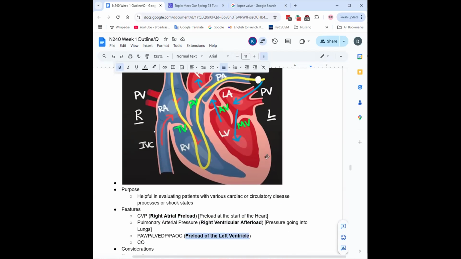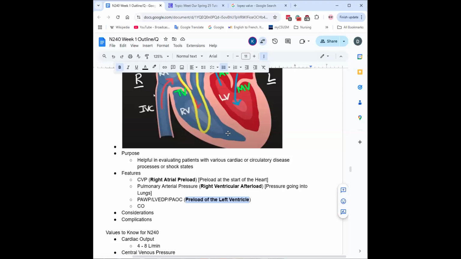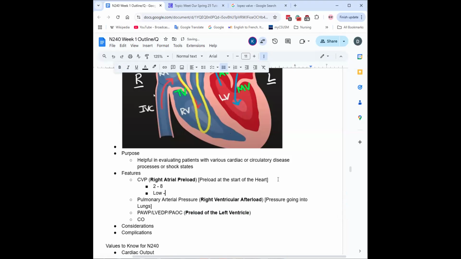So it says high wedge is like left heart failure or hyper. Yes, yes. So low is dry, high is wet for CVP. So we have that 2 to 8. And low, you want to think of it as dry because this is your preload essentially at the start of the heart.